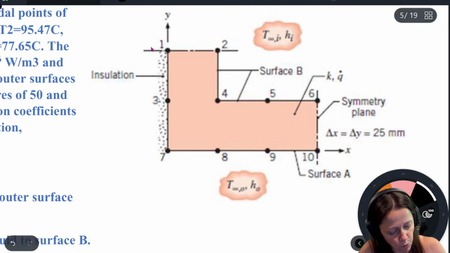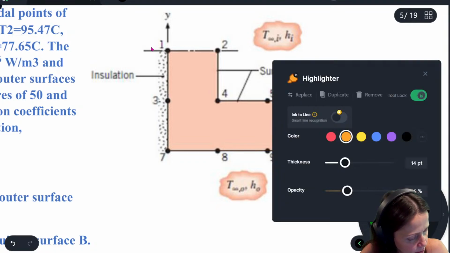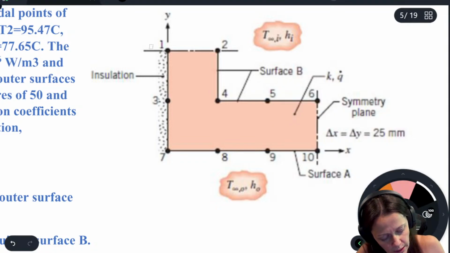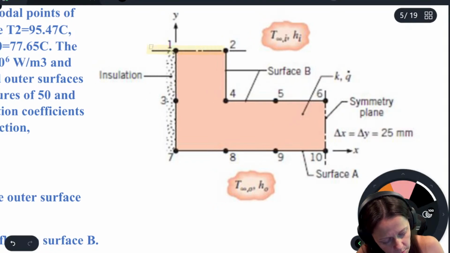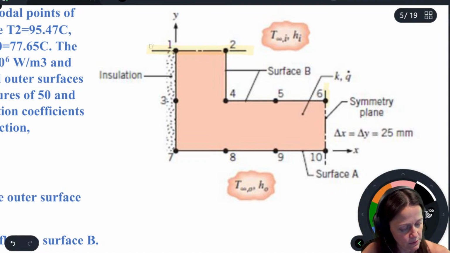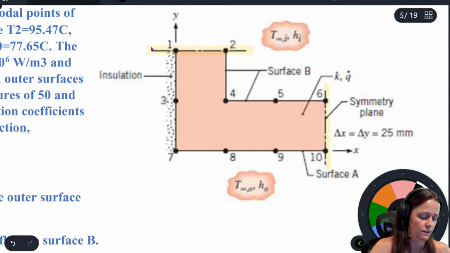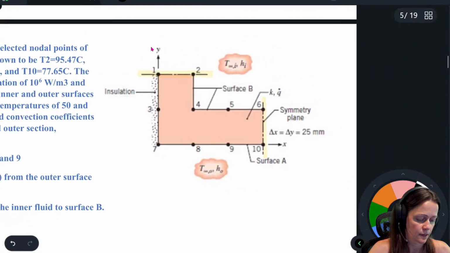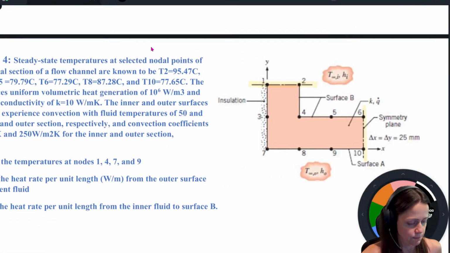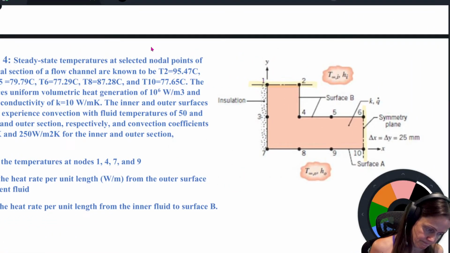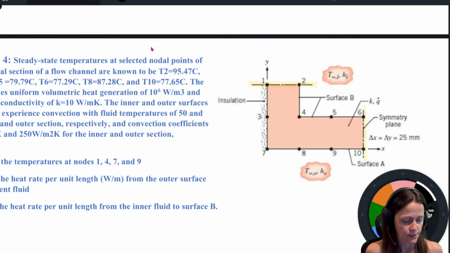I'm going to highlight it. 1 line of symmetry right here, and 1 line of symmetry right here. So you could think of the mirror image on the other side.